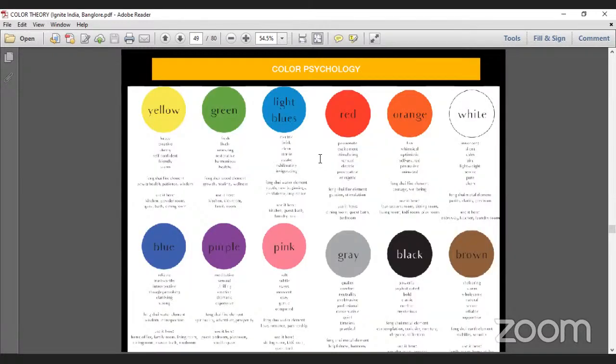Now we move on to color psychology. Color psychology is nothing but whatever you feel by seeing a color. Whenever you see red, for example, it gives you a feel of anger, or a sense of risk sometimes. That's why, for example, danger signs are made in red.